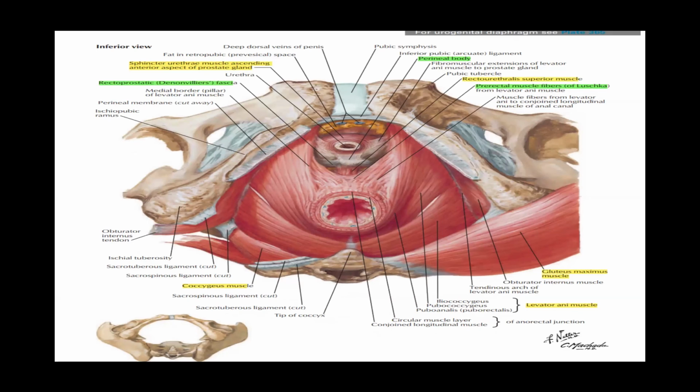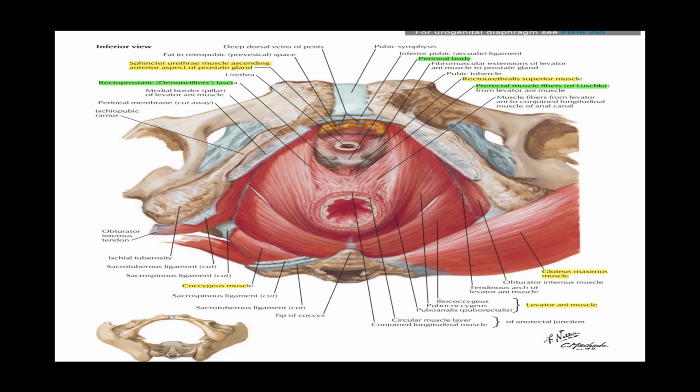I think we've looked at this. I don't think there's anything extra to mention. So the perineal body is right there. We'll see the perineal body when we look at the muscles of the perineum. As we said, the perineum is different from the pelvis. The pelvis and the perineum are separated by the pelvic floor, the pelvic diaphragm.